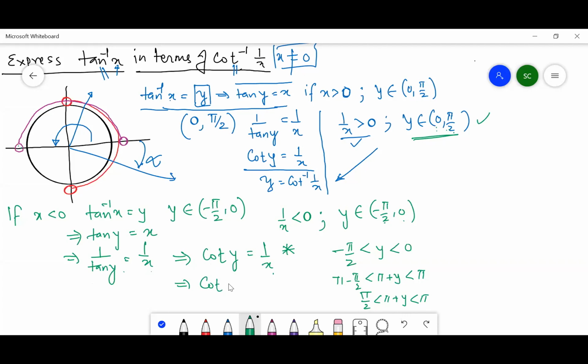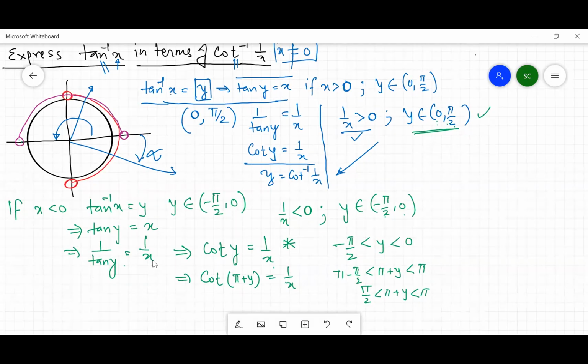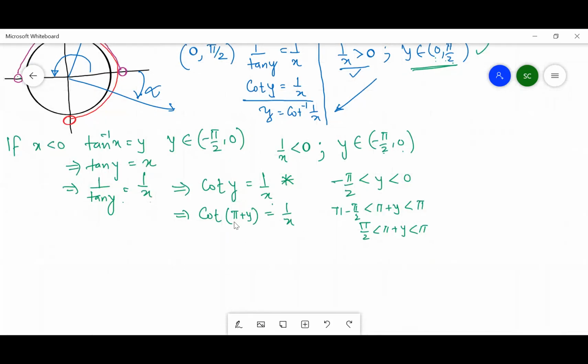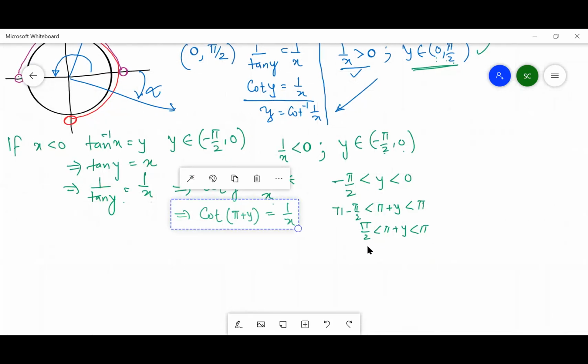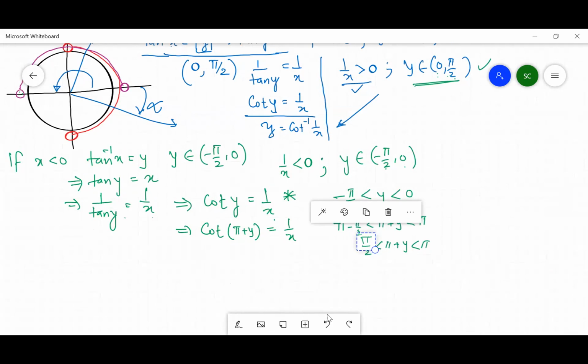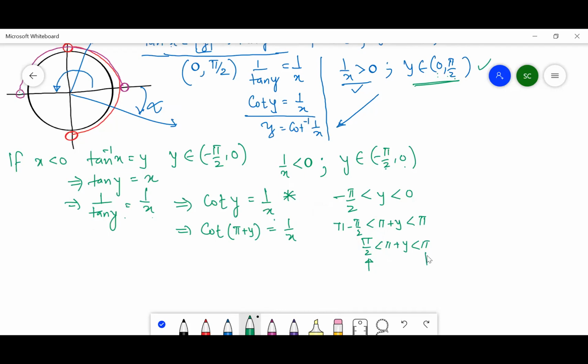So cot of pi plus y equals cot of y, which gives me 1 upon x. 1 upon x is acceptable, and because pi plus y is in the desired range of cot inverse, I can take cot inverse and say pi plus y is equal to cot inverse of 1 upon x.